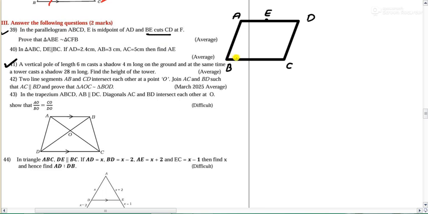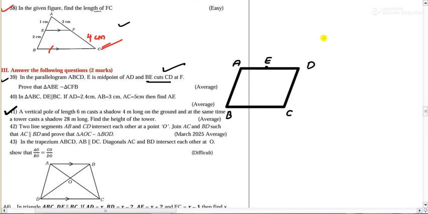We need to prove ABE is similar to CFB. Here the question says BE cuts CD, so CD will be extended, I guess.